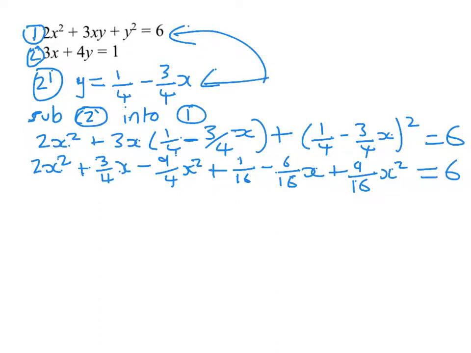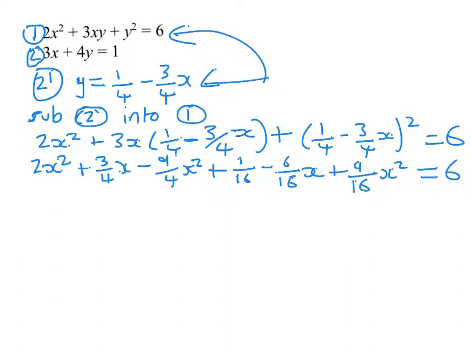Now, what am I going to do here? I am going to multiply everything by 16. It's just because I don't like the fractions. The fractions are putting me off. They're making it very, very tricky. So that now becomes, let's have a look what happens when we multiply both sides by 16.